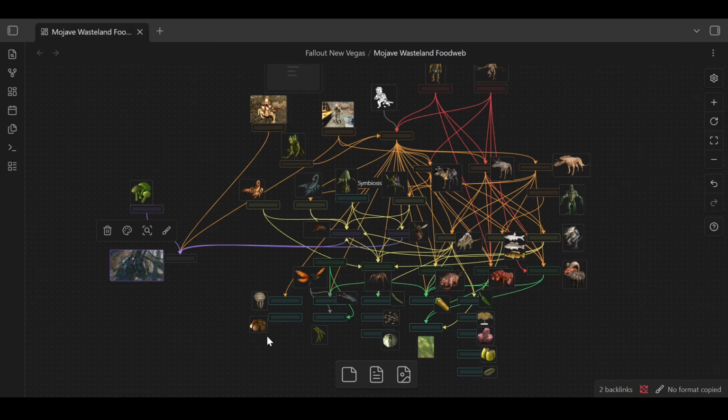But yeah, it means that ranching and farming is a realistic occupation in the Mojave Wasteland, and it fuels the economy as well, because if you're producing more food than you need, then you can sell the excess, make a bit of money, and it all feeds into the local economy, which again is doing a lot better compared to the capital wasteland.